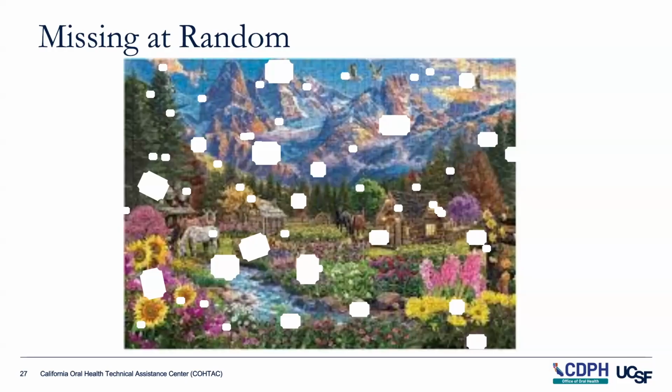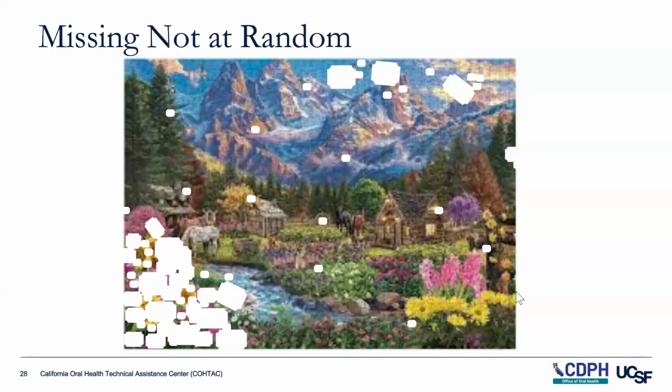So if different kinds of children, different kinds of schools, different kinds of districts are just randomly missing, we can get a decent picture of what the overall picture is. Next slide.